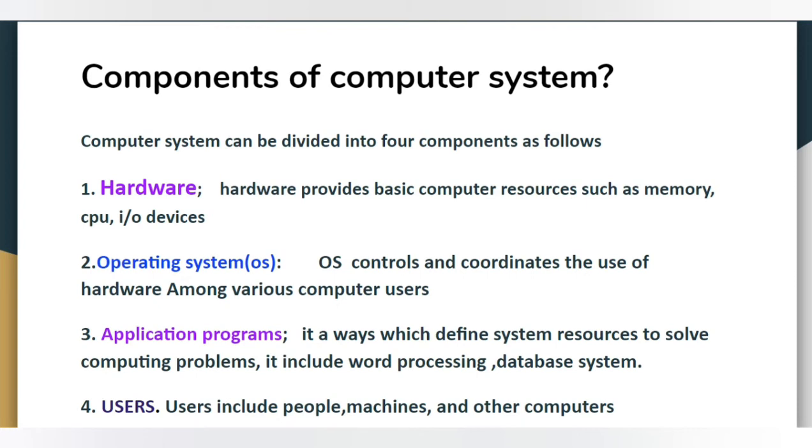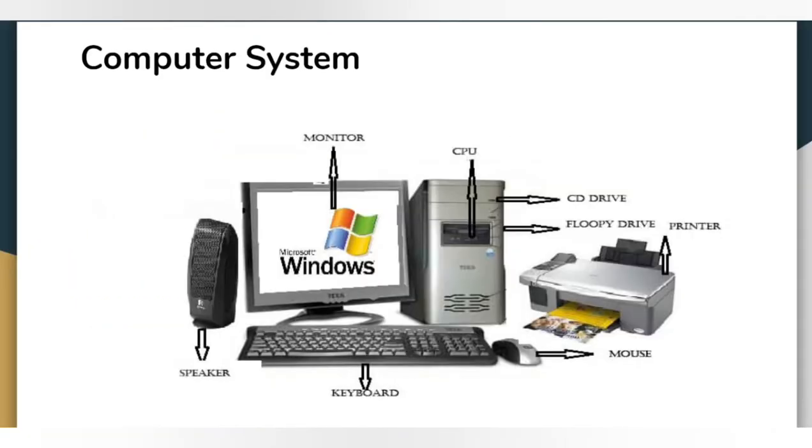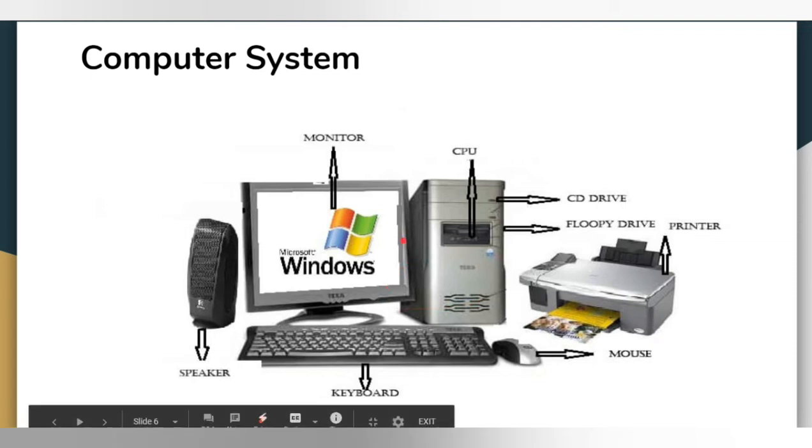So we have a computer system. It is a picture of a computer system. We have the window, we have the CPU, the printer, mouse, keyboard, and a speaker. All these things are called hardware. And this is the picture of Windows.